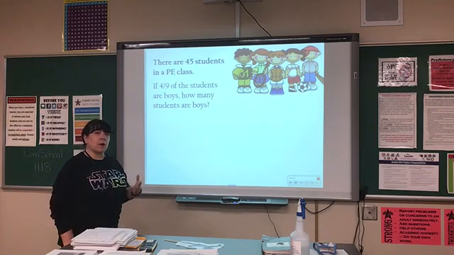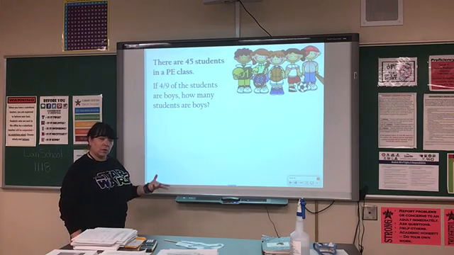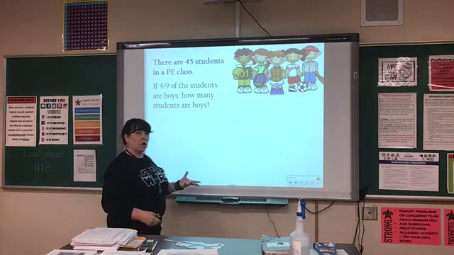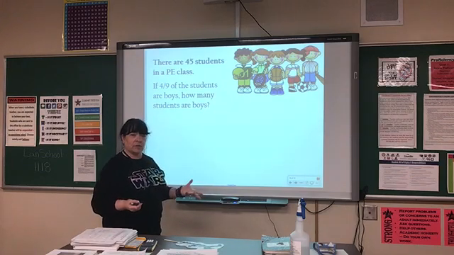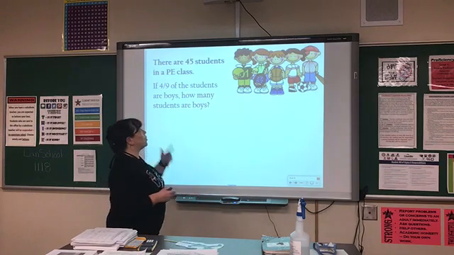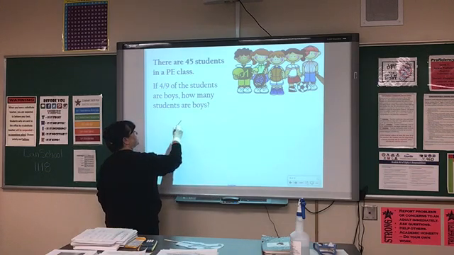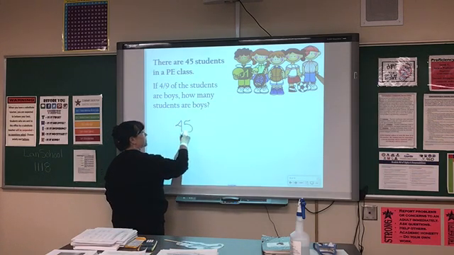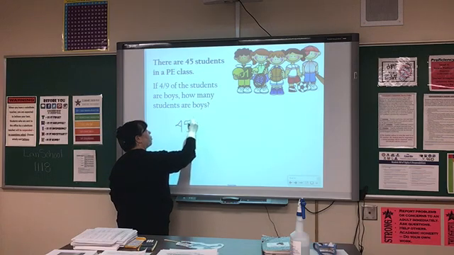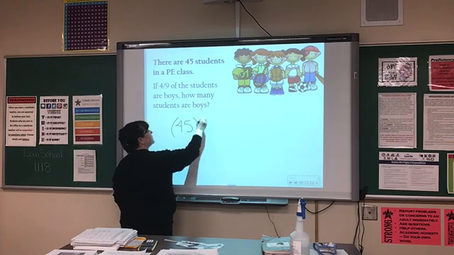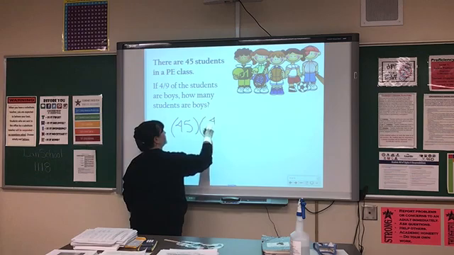So when you're looking for a part of a whole, you are looking for a multiplication of a fraction. So we can write this as we have 45 students in our class, and that's our whole, and we're going to take 4/9 of that class.